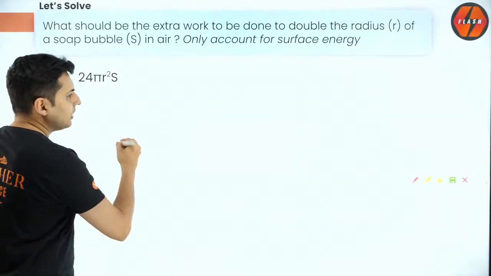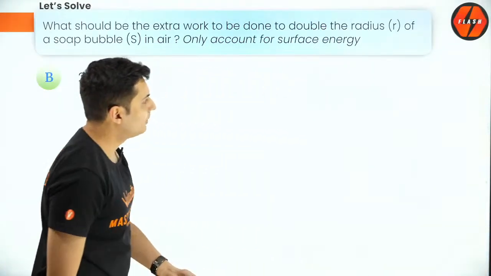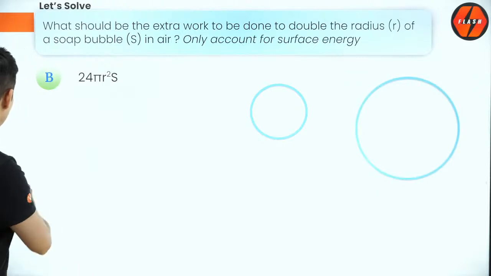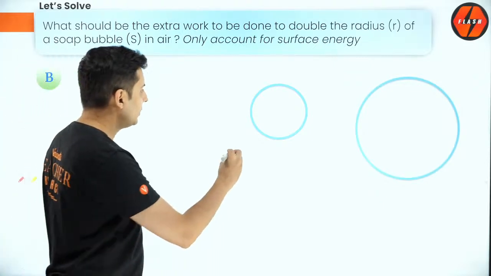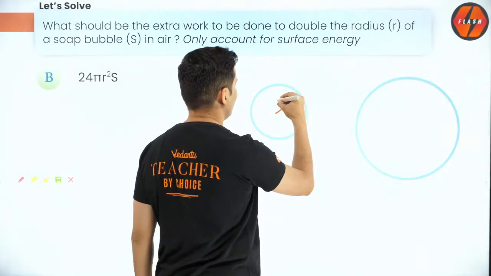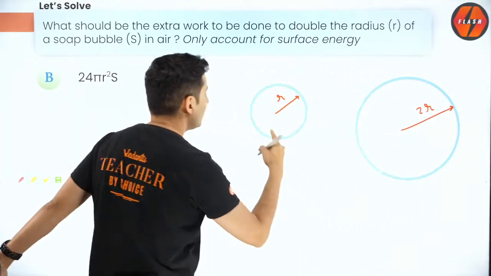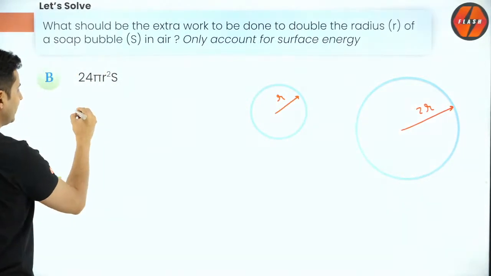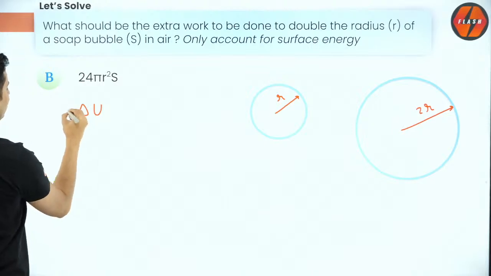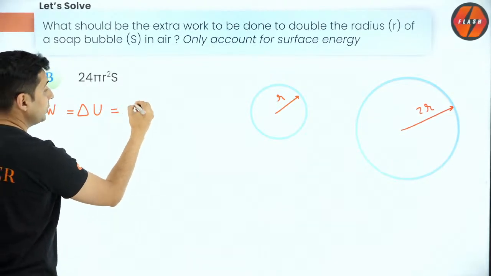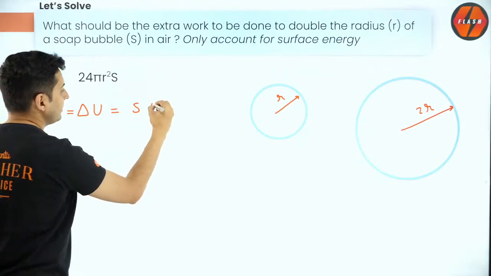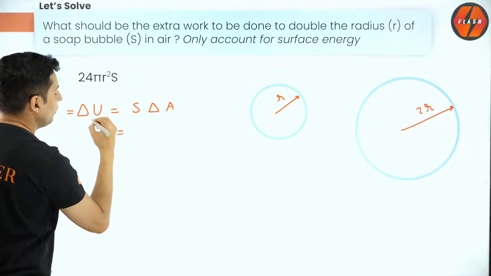Guys. Okay. Let me just bring in those two bubbles first. This was a smaller bubble. This was the bigger bubble. So the initial radius was R, the final radius was 2R. Now think about it. Delta U will be the work done, and delta U, remember I told you, it is S delta A. Now what is S?